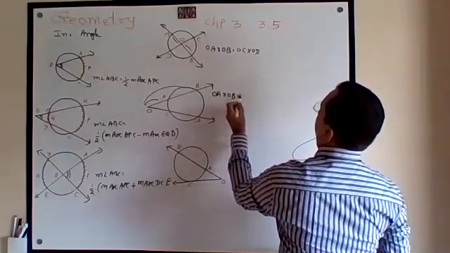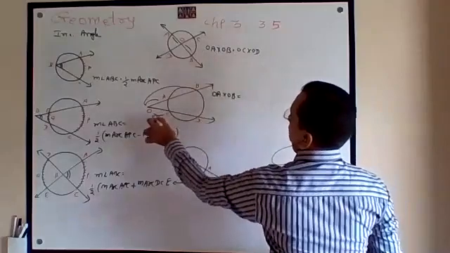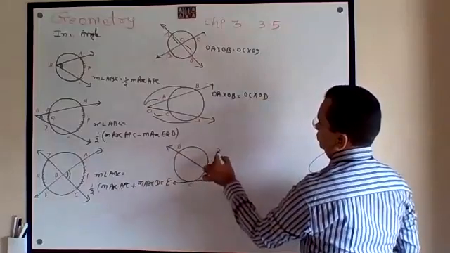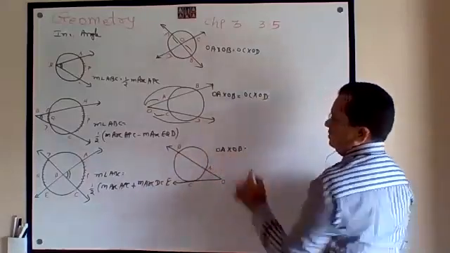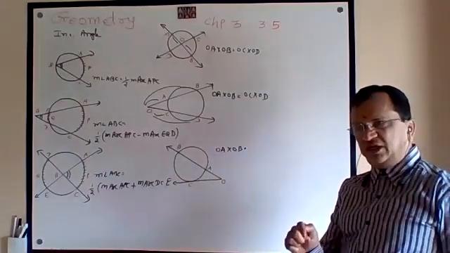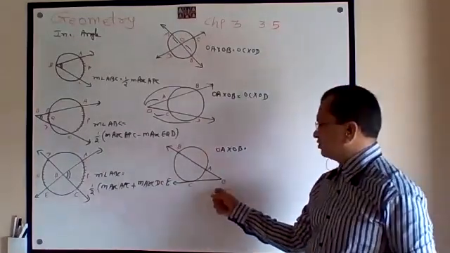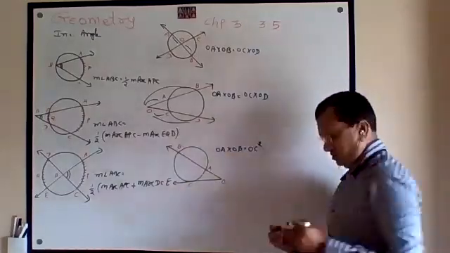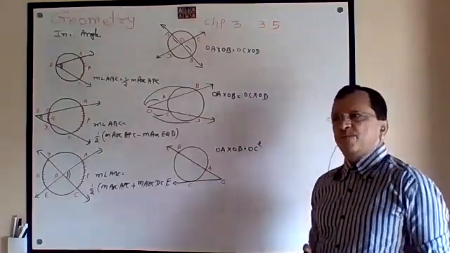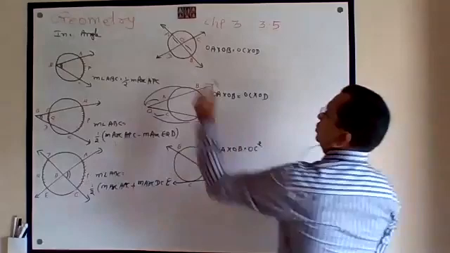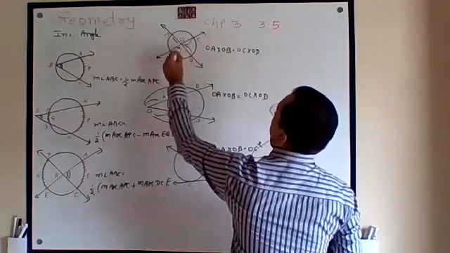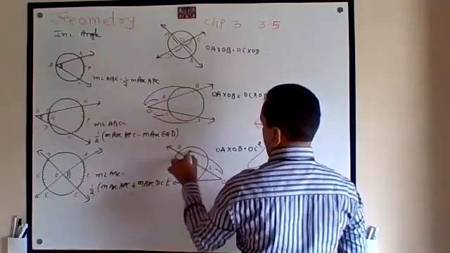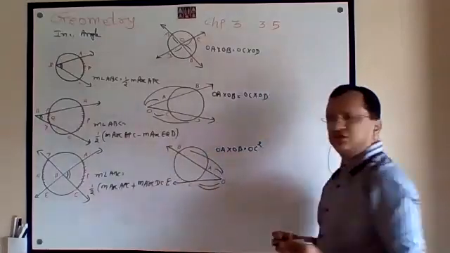O should come in all four segments: OA, OB, OC, OD. Here also OA into OB equals OC into OD. Now from the intersection on the same line there should be two segments, but here it is only one. So OC into OC, OC square.